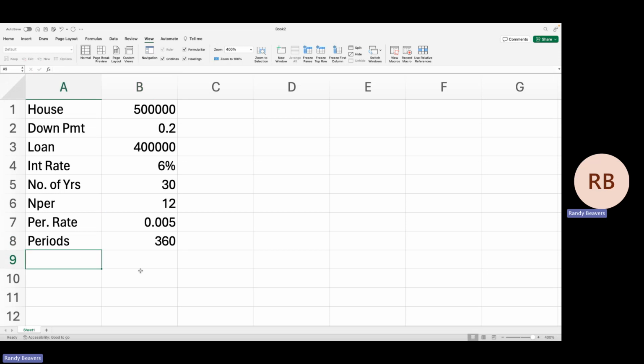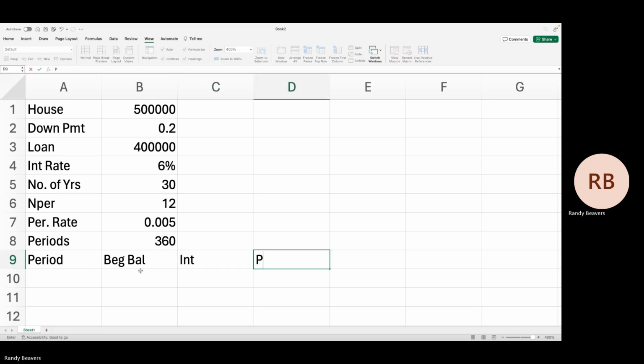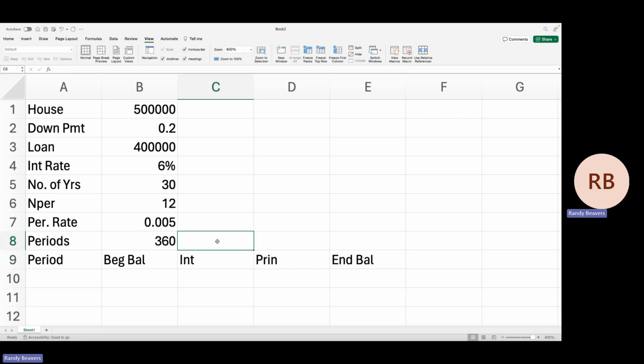All right. So we're going to have our period in time. We're going to have our beginning balance, interest, principal, and then ending balance. One last thing here we need is what our payment will be.